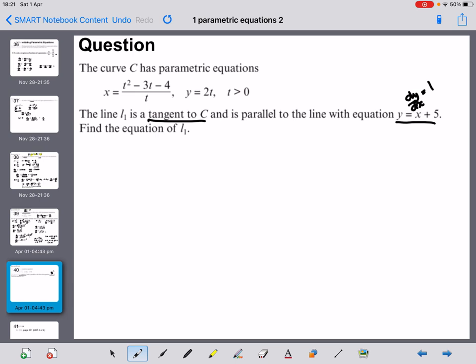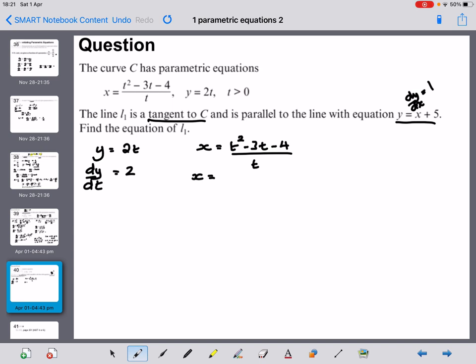Okay, so let's differentiate. So start with the y. If y equals 2t, then dy by dt will be 2. Okay, x, a bit more complicated. We could use the quotient rule, although that might be unnecessarily more complicated. Okay, here we've got one denominator. So what you should be realising you can do is split it.